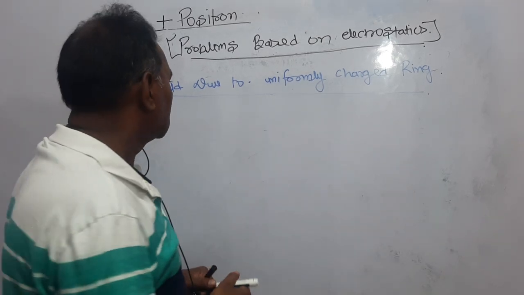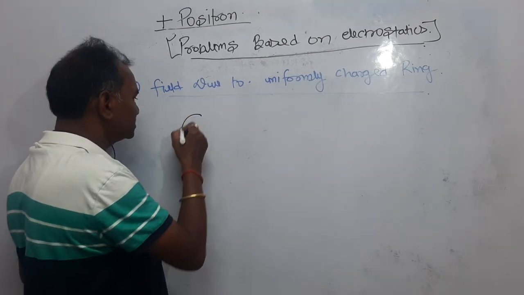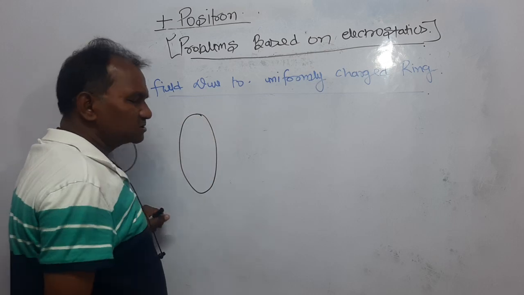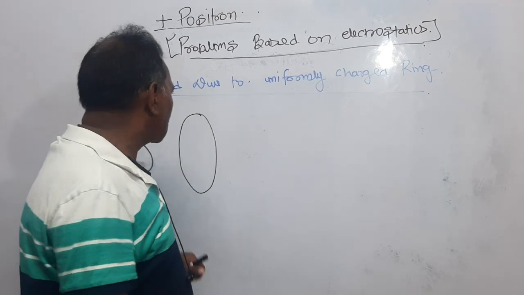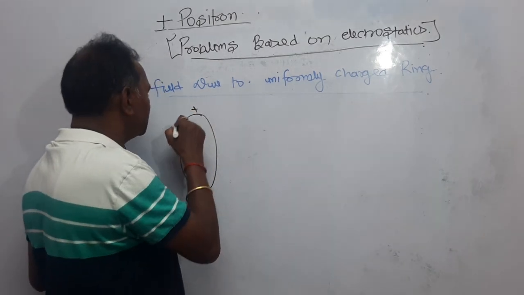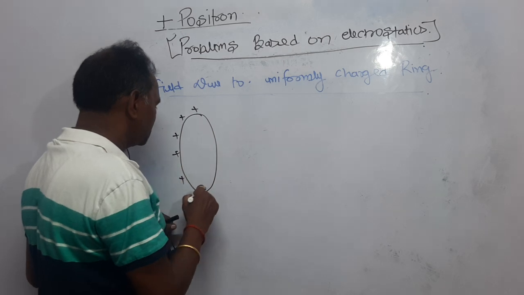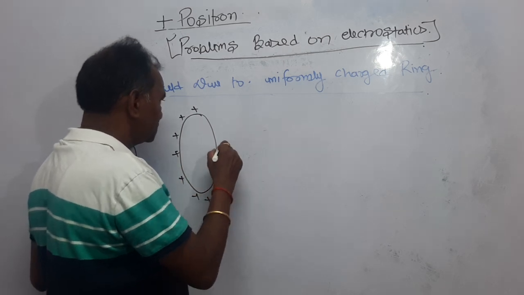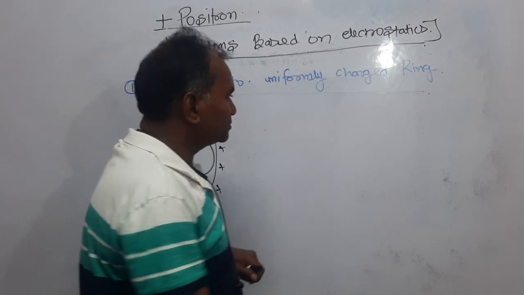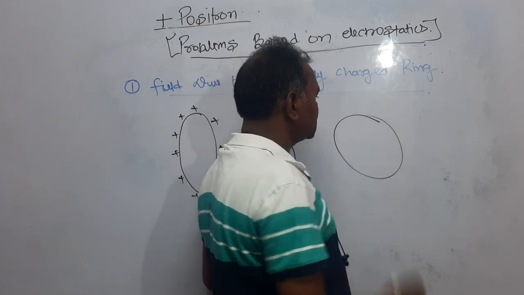Right? Let this be a ring. Dear students, this is the ring on which charge is distributed uniformly. The actual ring is this much.